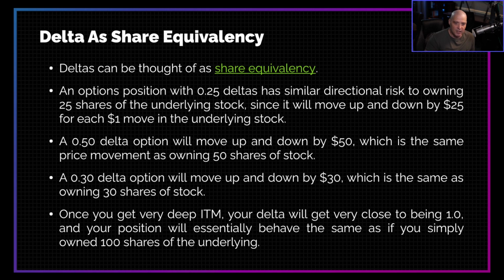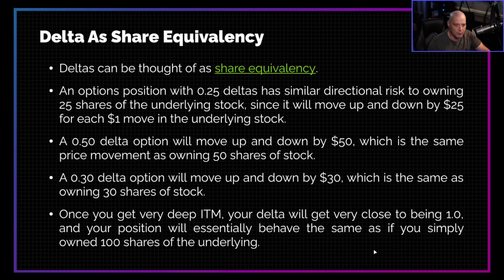Well, a 25 delta option is going to move up and down by $25 for every $1 move in the underlying stock. That is exactly the same as if you just owned 25 shares of the stock. A 50 delta option is going to move up and down by $50, which is the same price movement as owning 50 shares of stock. A 30 delta option is going to move up and down by $30, which is the same as owning 30 shares of stock. And obviously, all of this was for positive delta options.